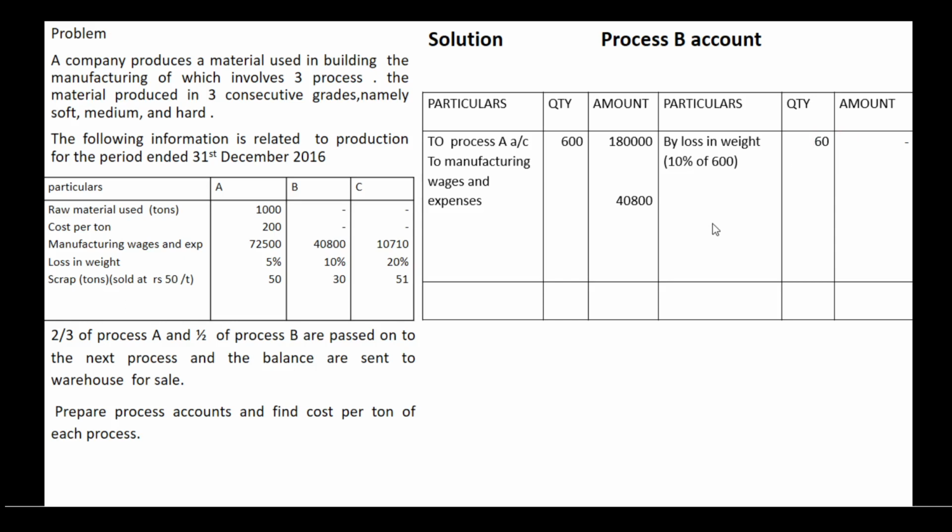Next we enter the scrap. By scrap sold, the scrap sold for the process B is 30 tons. The per ton was sold for rupees 50. So now the 30 into 50, that is the amount of scrap sold.